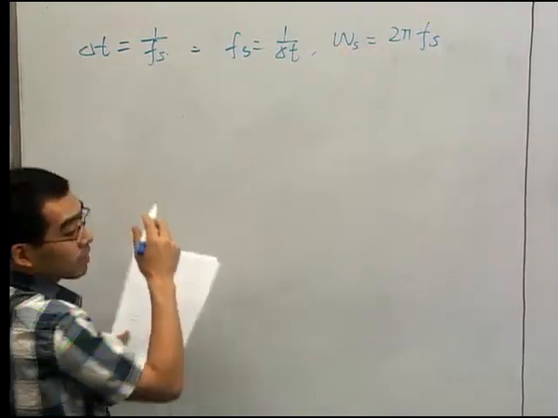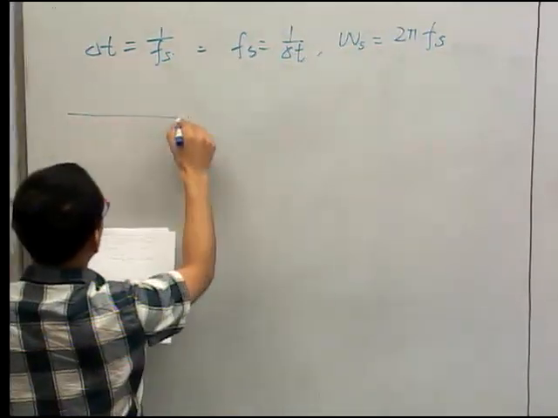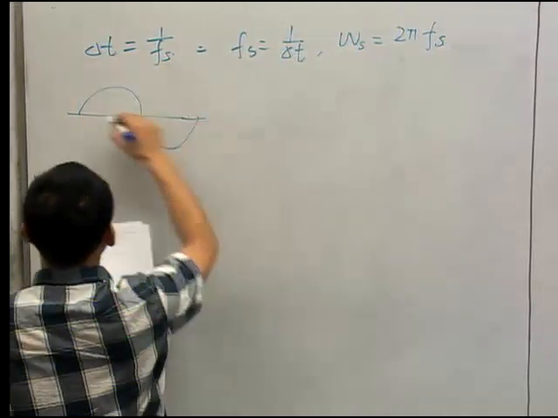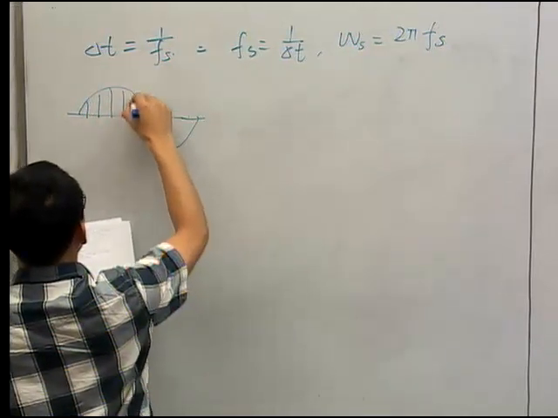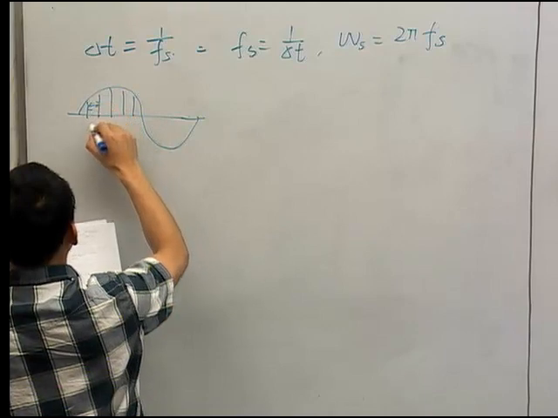This is the sampling in the time domain. So it's like you have a signal, and this is your delta t.